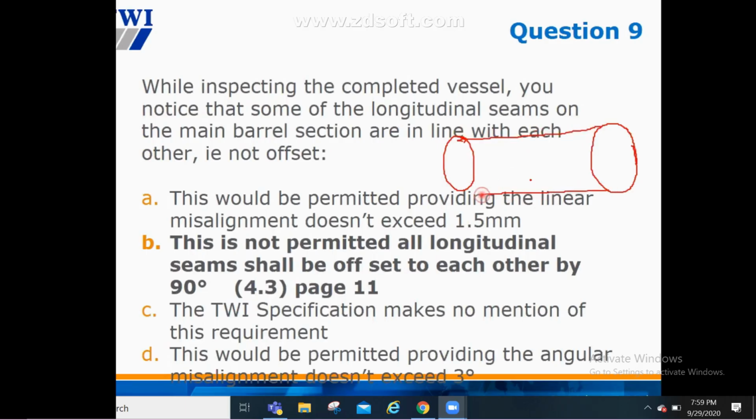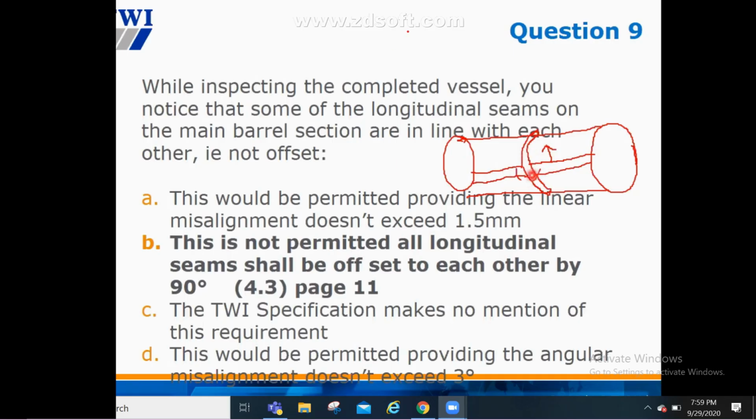We have a circumferential weldment like this, but we have longitudinal seams or welds which are in line. So this is in line. So this is the longitudinal seam, all right? It's supposed to be one side must be away from the other side. So don't put it this way. We produce a very weak area or joint here, okay?